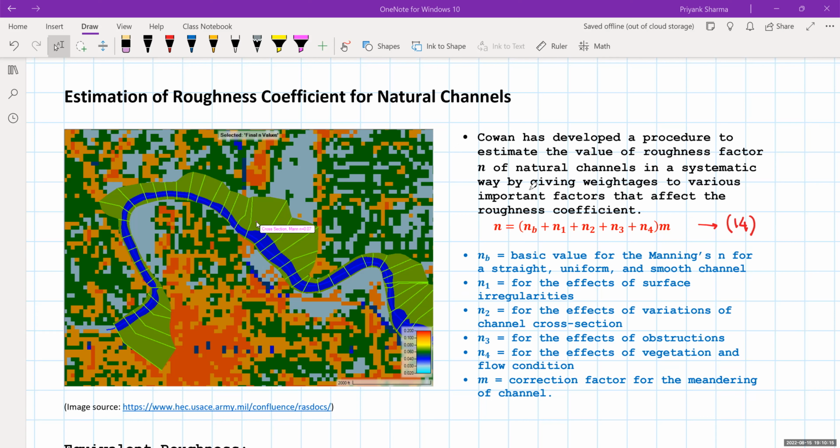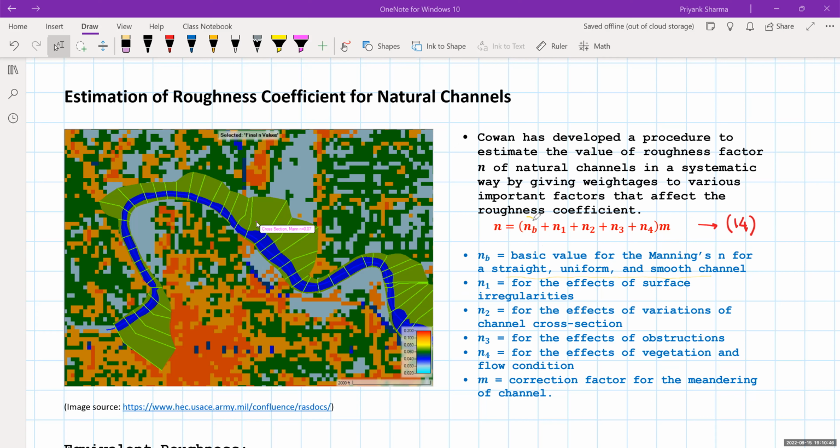Now, usually in natural channels, there are different factors which will affect the Manning's n. Cowan has proposed a procedure for how you can estimate the roughness coefficient considering all these factors. He basically gave weightage to different factors. So the roughness coefficient is a combination of all these factors. One, nb, is for the basic value of Manning's n for a straight and uniform channel.